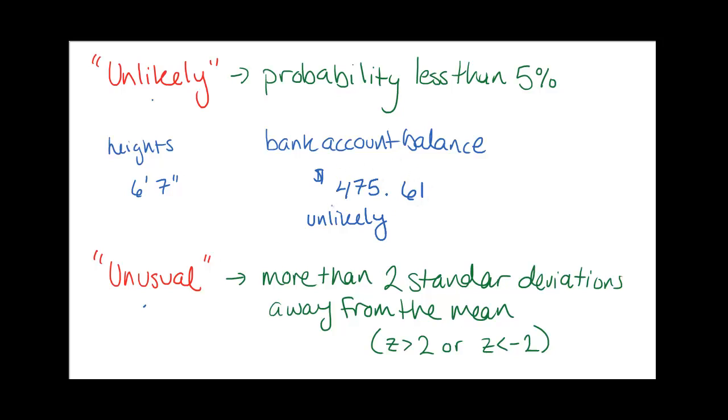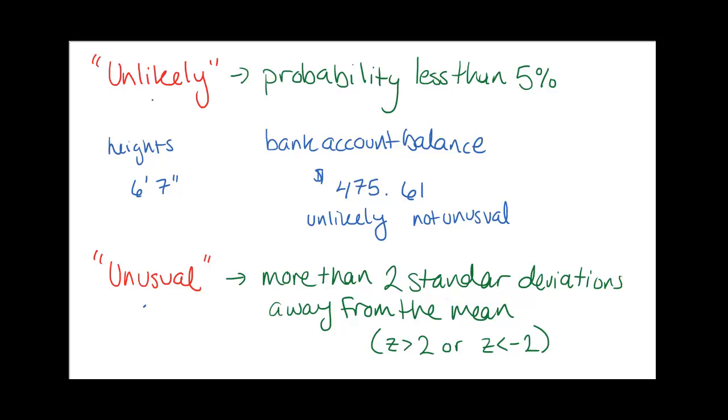The chances of you having exactly this much in your bank account are probably quite small, although we'd have to actually look at the data. There are a lot of bank accounts out there. So this is probably unlikely just because it's unlikely that you would have this by chance. But it's not unusual. This isn't a particularly high or a particularly low bank account balance, at least depending upon your perspective. So this might be unlikely but would not be considered unusual.